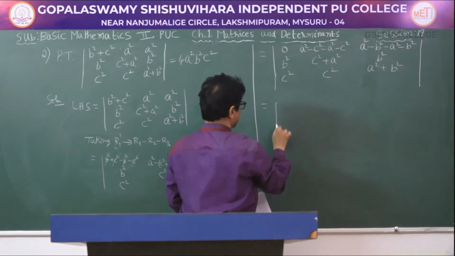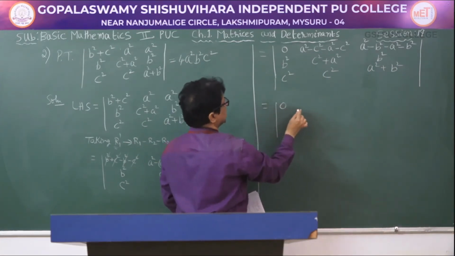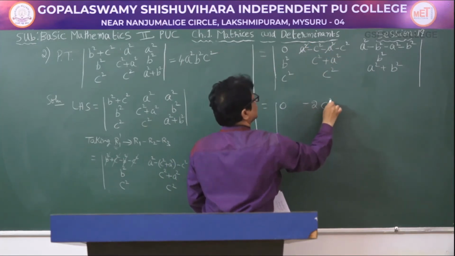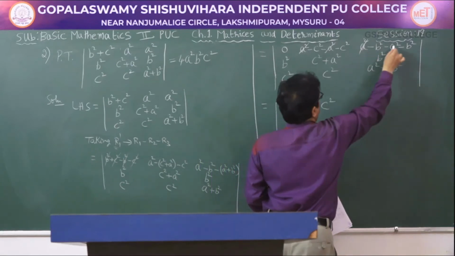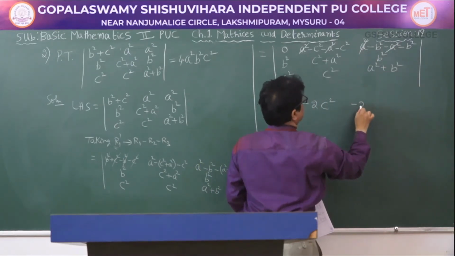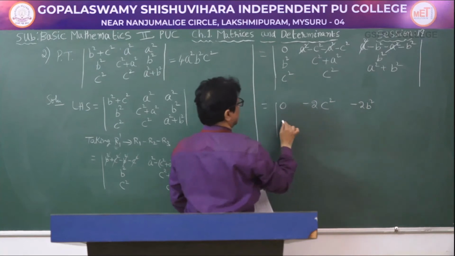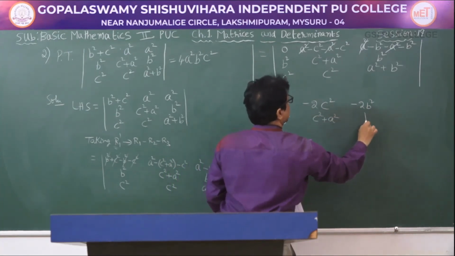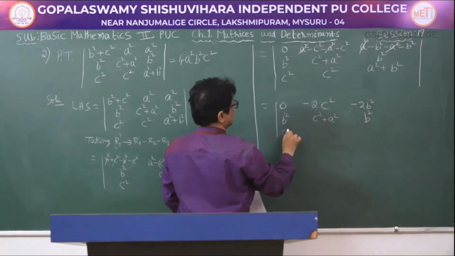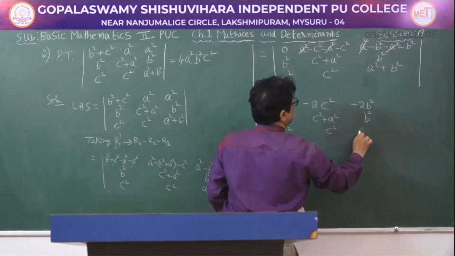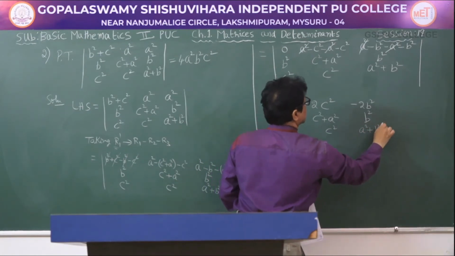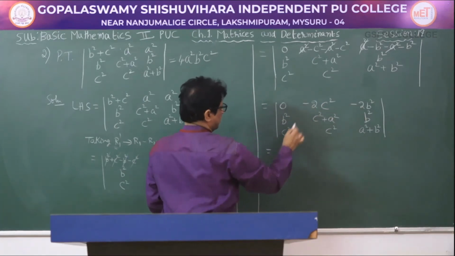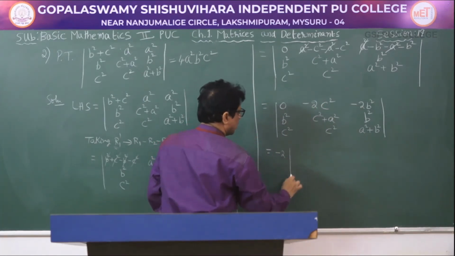So that will be equal to determinant of 0. Here A square and A square will get cancelled. You will get minus 2C square. Here A square and A square will get cancelled. You will get minus 2B square, B square, C square plus A square, B square, C square, C square, A square plus B square. In the first row we can take minus 2 common.